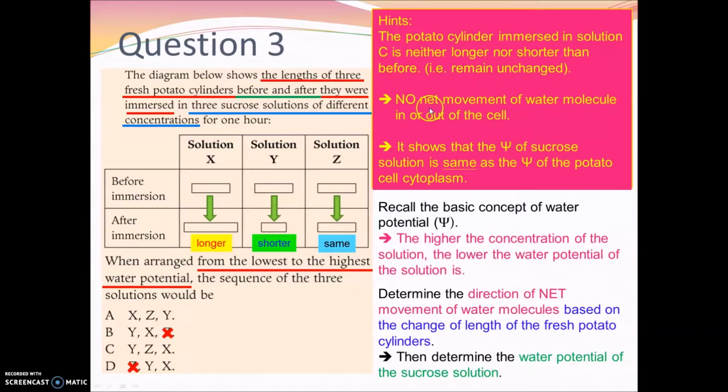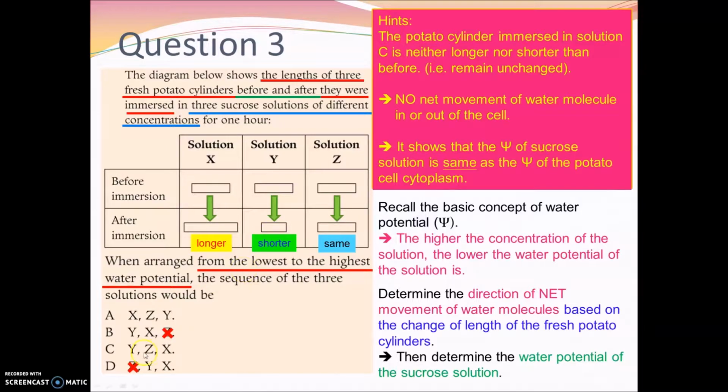The concept is that there is no net movement of water molecules in or out of the cells. It shows that the water potential of the sucrose solution should be the same as the water potential of the potato cell cytoplasm. So there is no net movement of water molecules in or out of the cell, and it will not affect the overall length of the potato cylinder.